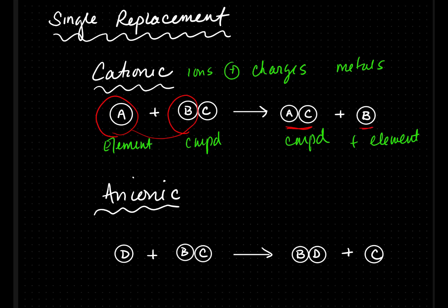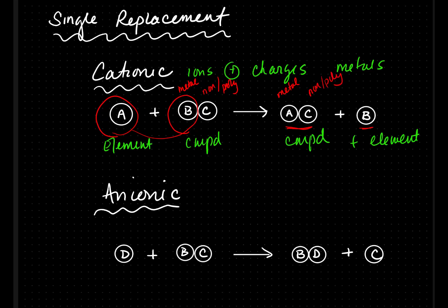We know when we have a compound that is an ionic compound, the first element is always a metal unless it's ammonium, and the second one is always a nonmetal or a polyatomic. So here, when we have the new compound AC, the first one is going to be a metal or ammonium, and the second one always is going to be a nonmetal or polyatomic.